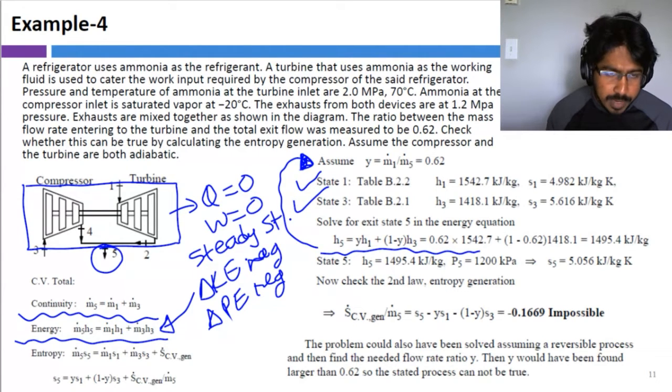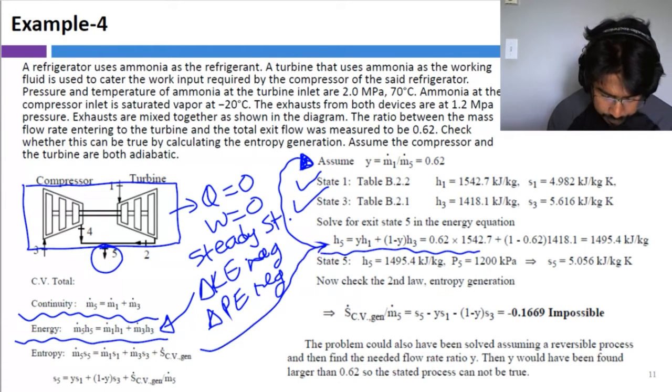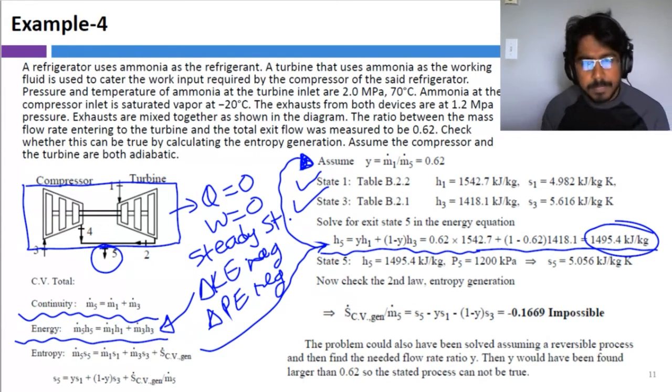right? So if we divide the entire first law equation by m5 and substitute the numbers, we can come across a value for h5.